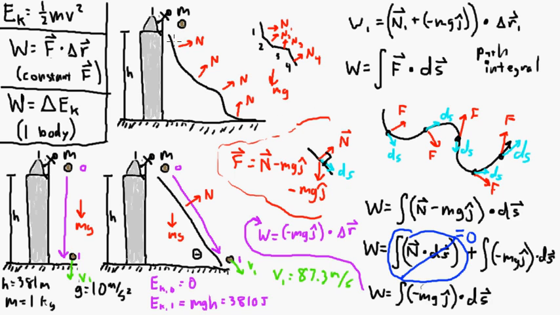Well, delta R, remember this thing, I'm going to use blue for this. So you're going from this point to this point. So this vector there is delta R, right?